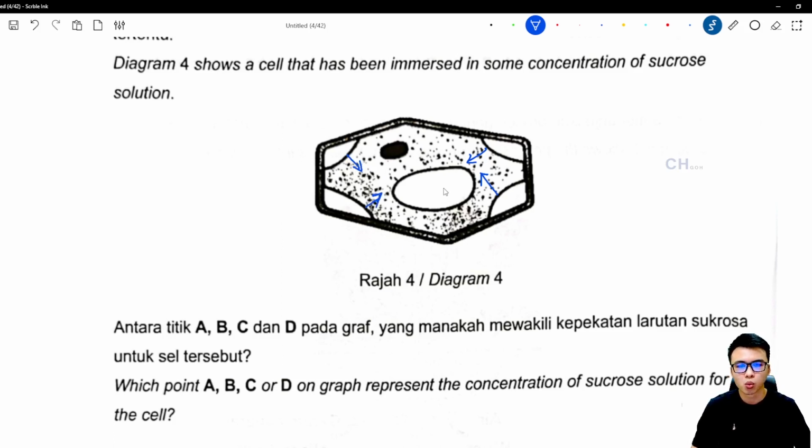It means that water from the vacuole diffused out through osmosis, and it creates a low pressure area in the middle, and then it pulls the plasma membrane towards the center of the cell. Now, if water is moving out, it means that the sucrose solution outside is hypertonic. Okay, and inside must be hypotonic.